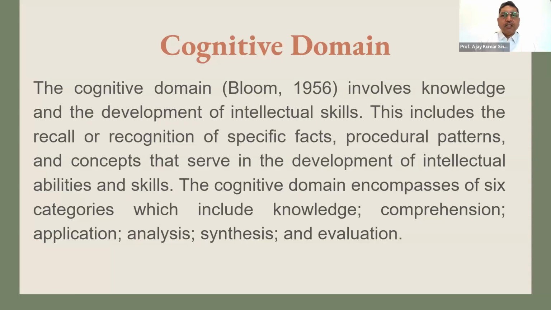This includes the recall or recognition of specific facts, procedural patterns, and concepts that serve in the development of intellectual abilities and skills. The cognitive domain encompasses 6 categories, which include knowledge, comprehension, application, analysis, synthesis, and evaluation. And this was later on improved, which we will see.